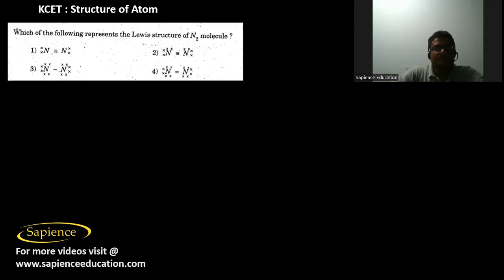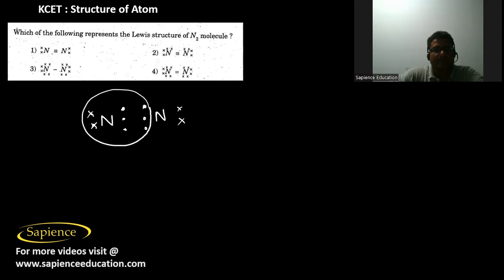Then it is told which of the following represents the Lewis structure of N2 molecule. So we know that nitrogen has 5 valence electrons. Nitrogen has 5 electrons in the outermost shell. So these 3 electrons it will share and it will form a triple bond.